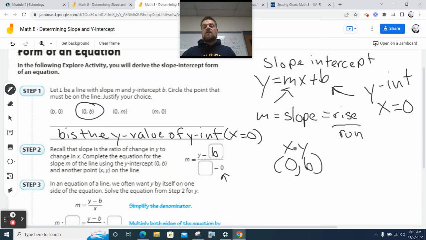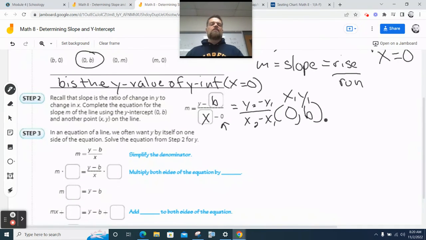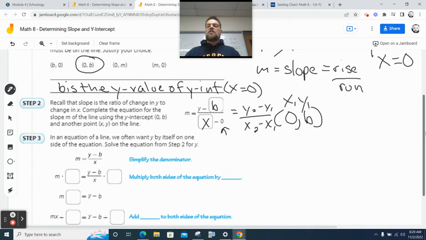So this is like x1, y1. Remember, this is y sub 2 minus y sub 1 all over x sub 2 minus x sub 1. And so we could just plug an x in here. That's what they're trying to say. So from the slope alone, if I do some algebra, I can make it look like this.